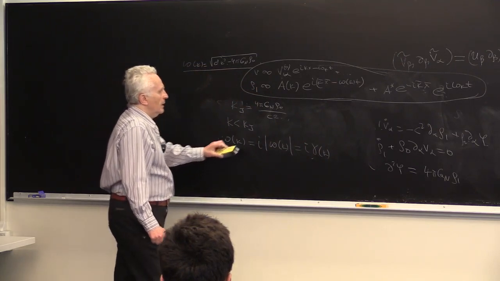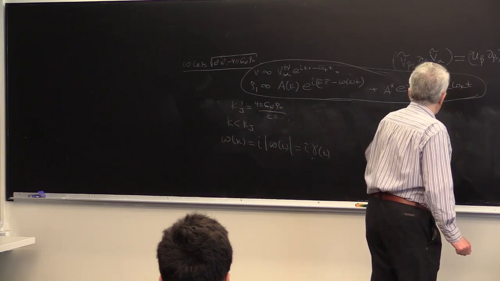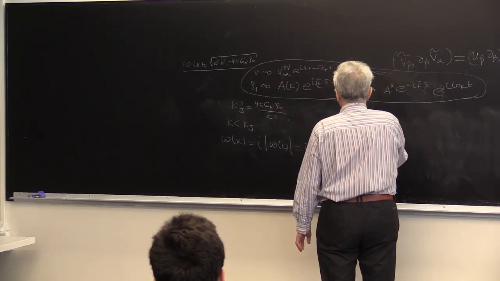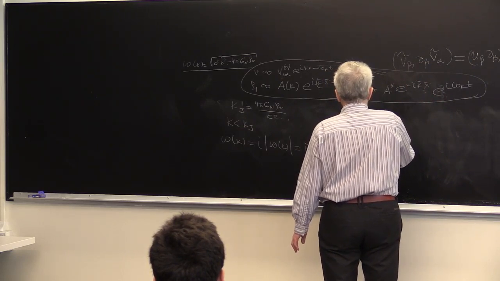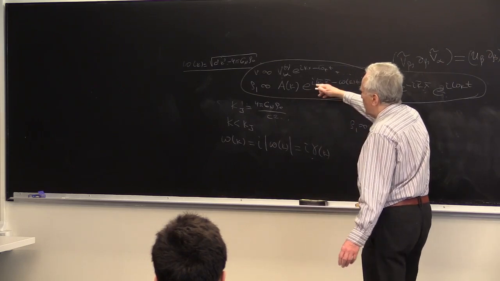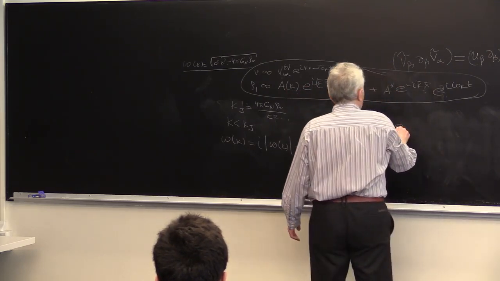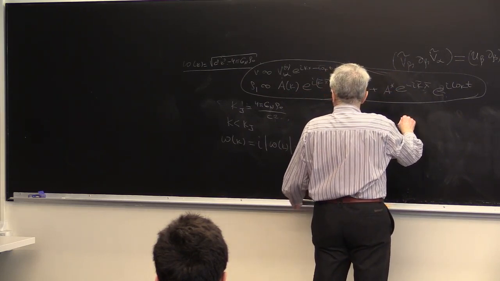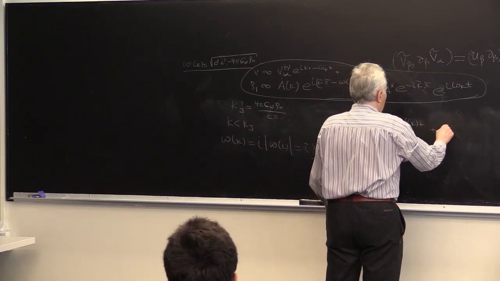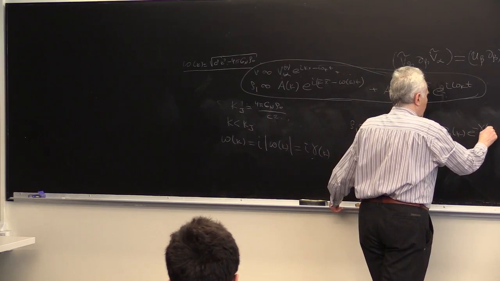Then when I substitute it, I will get the fluctuation of density. It will contain some a of k. Again, these amplitudes are determined by initial conditions in the problem. e to the, say, plus gamma of k t, plus another b of k e to the minus gamma of k t.